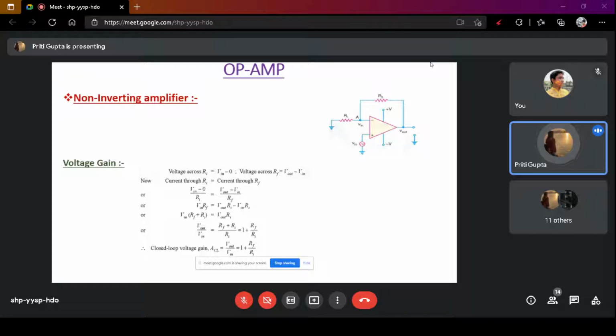That is, the output signal will be in phase with the input signal.